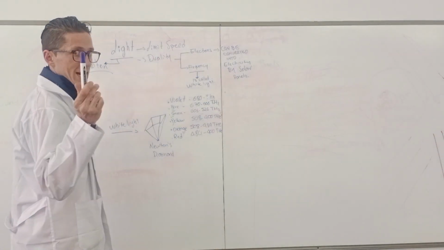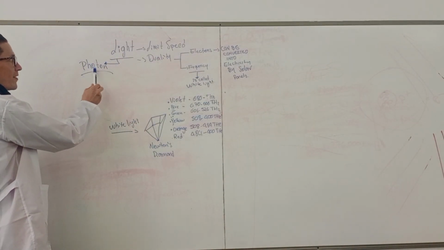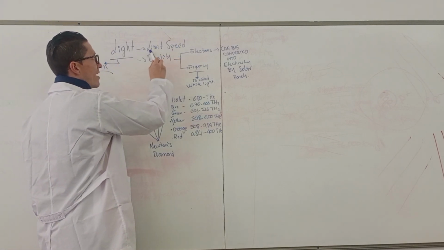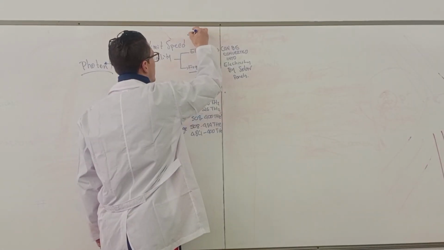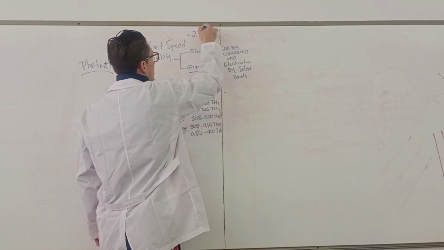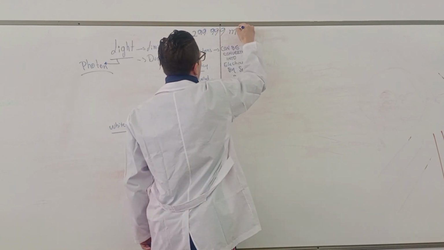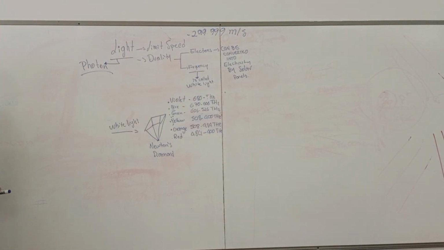Light is composed by photons. Light does have a limit speed. What is the limit speed of light? Okay, that's the speed, right?